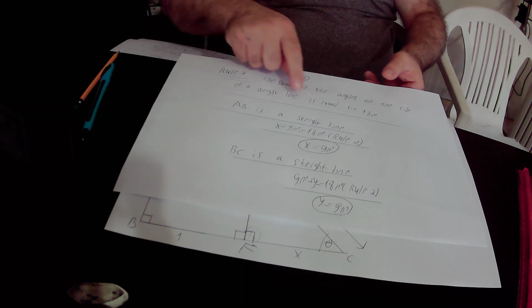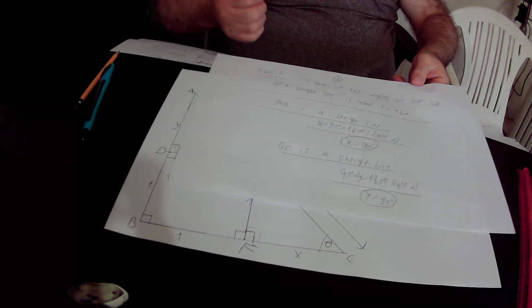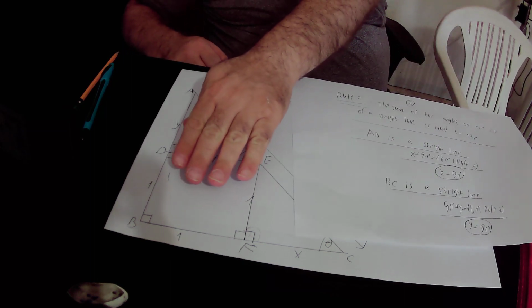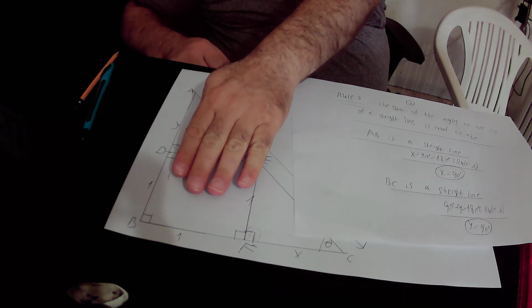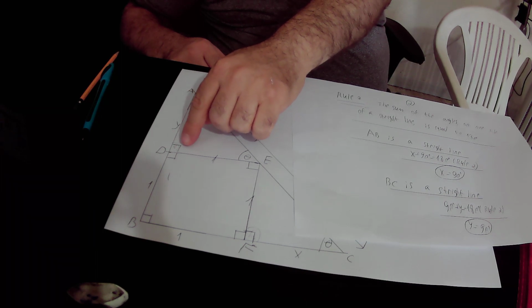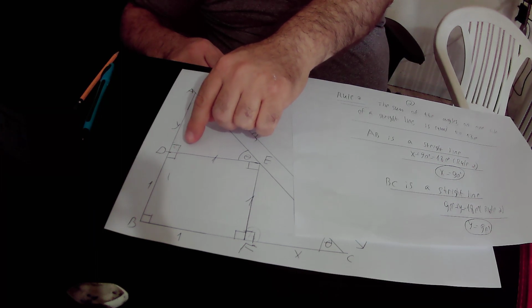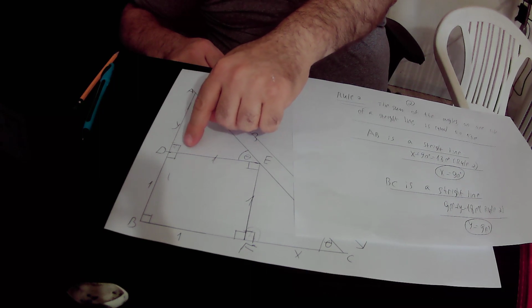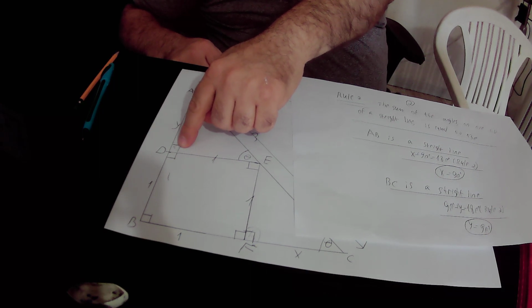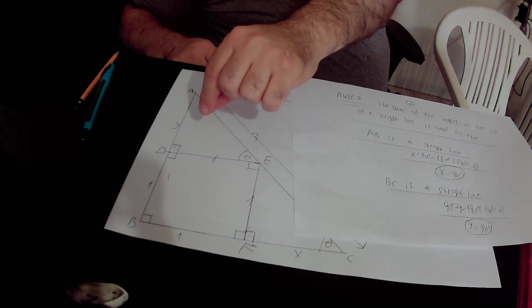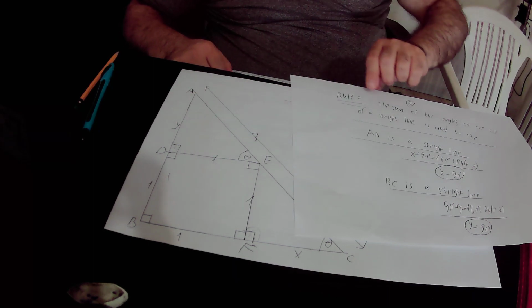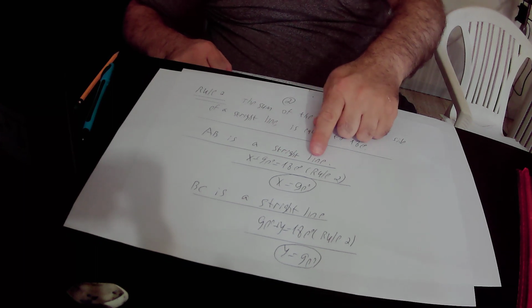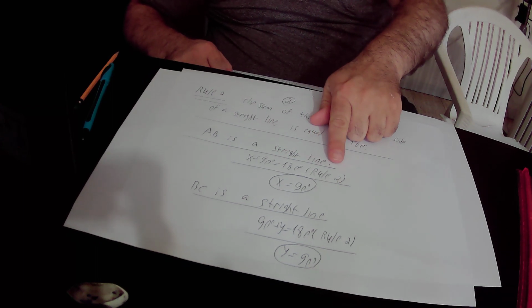According to rule number 2, if we focus on this side of the straight line AB at point D, then the sum of the angles must be equal to 180 degrees. So this angle that is 90 degrees plus this angle that we will define as angle X, the sum of those two angles must be equal to 180 degrees. That is to say, X plus 90 degrees must be equal to 180 degrees.